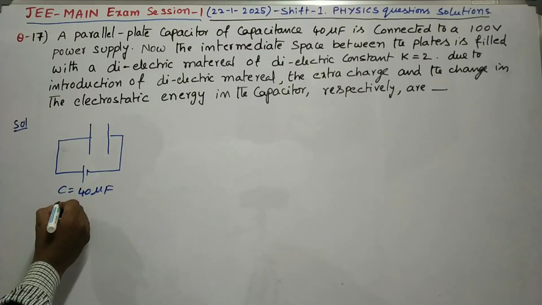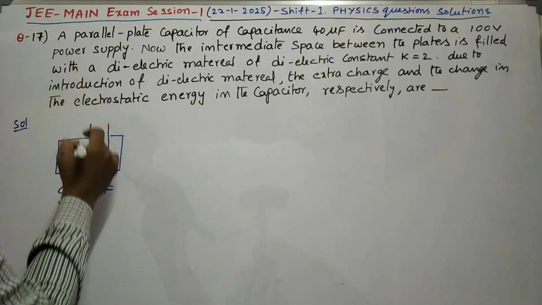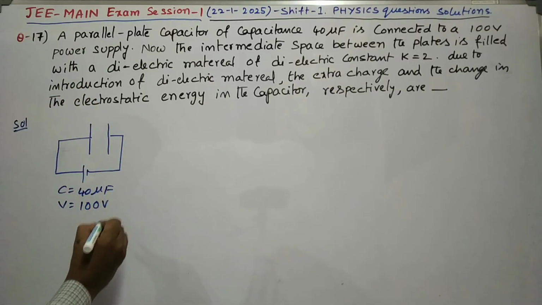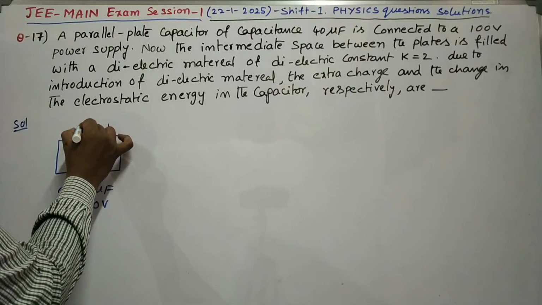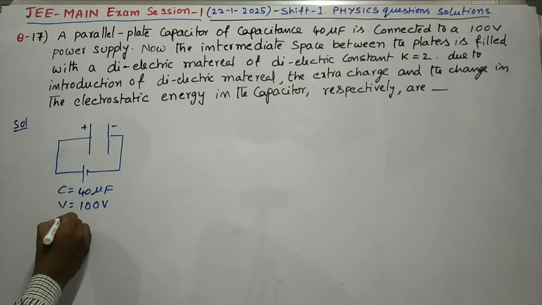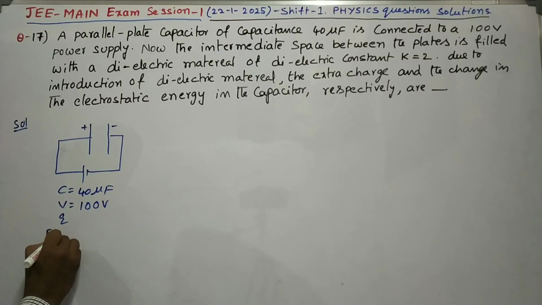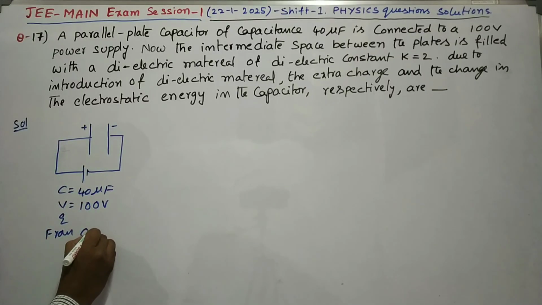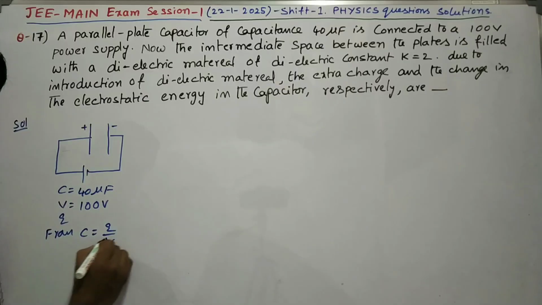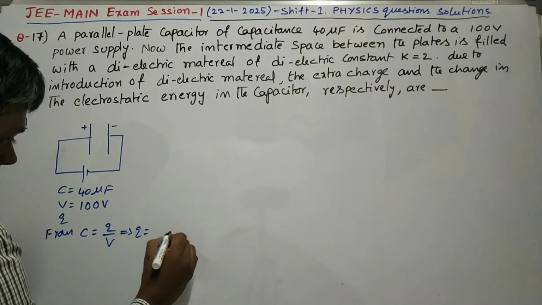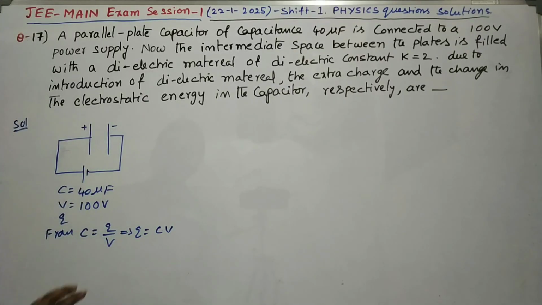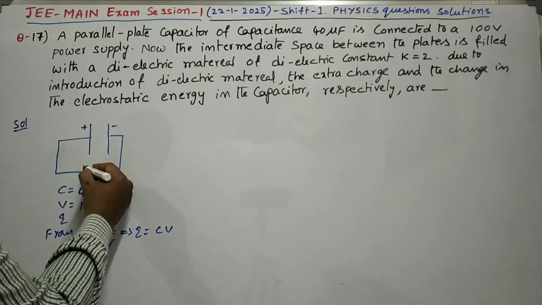Then some charge Q accumulates on the capacitor plates. From the definition of capacitance, C is equal to Q by V, that implies Q is equal to C into V. This is the first scenario.